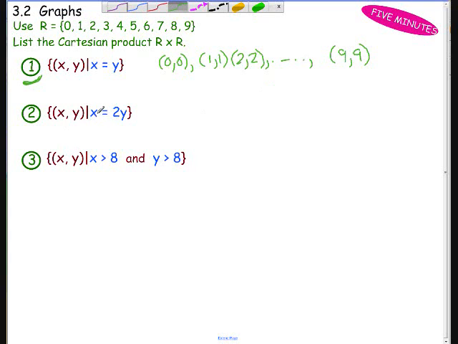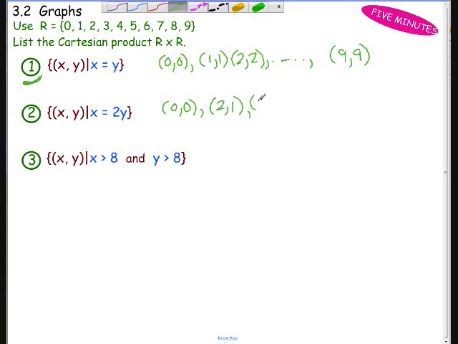How about this one? x is equal to 2 times y. Well, that would be true for (0, 0), wouldn't it? It's kind of a weird one, but it is true. And then we could have (2, 1).